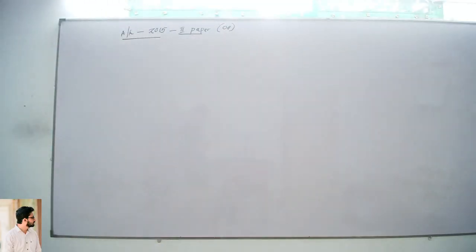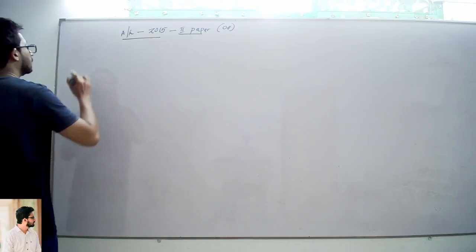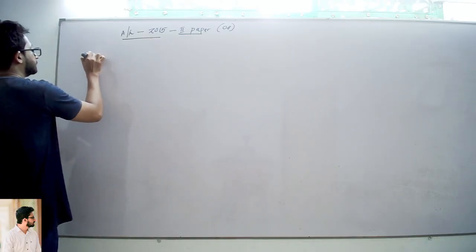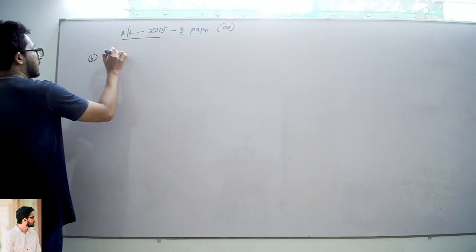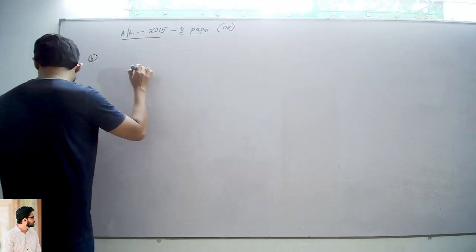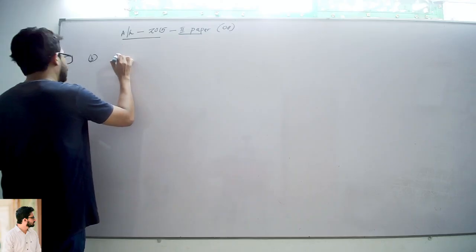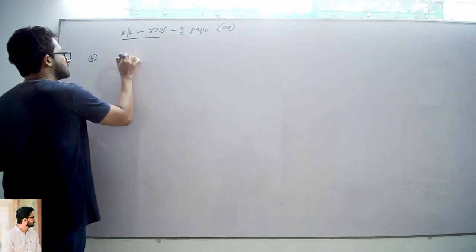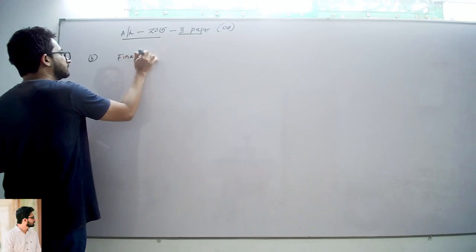Right. What are the services? Number one, financial services. Part B, I'm calculating the balance of the service account.